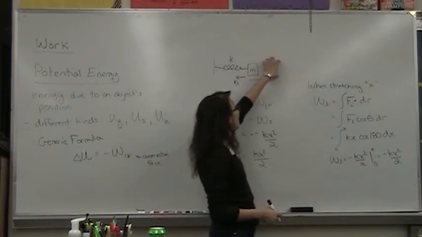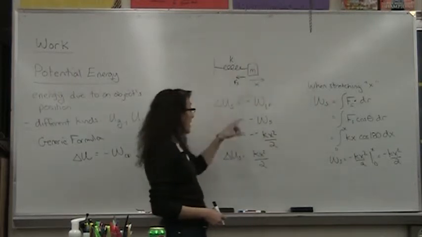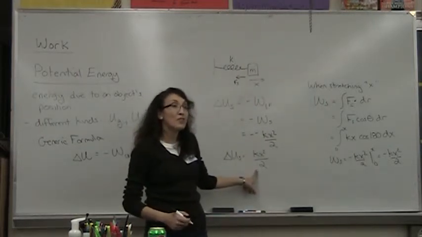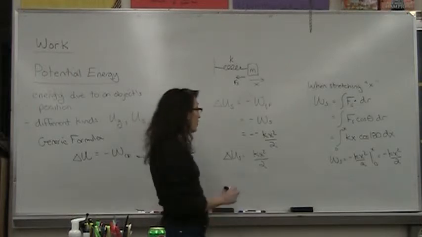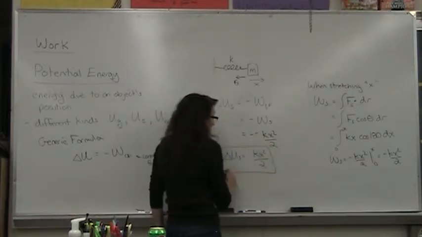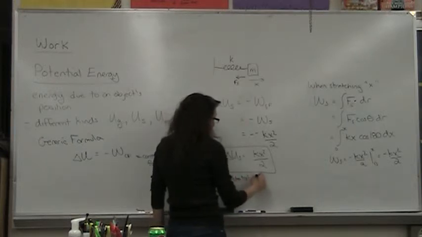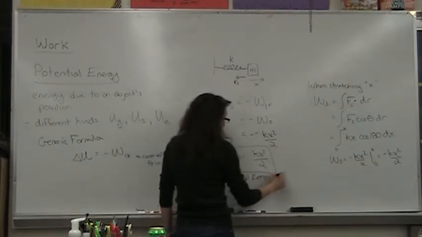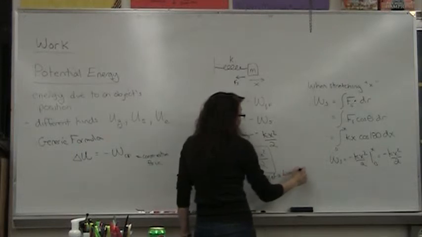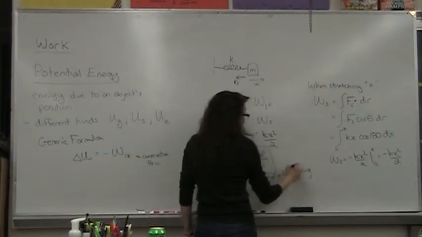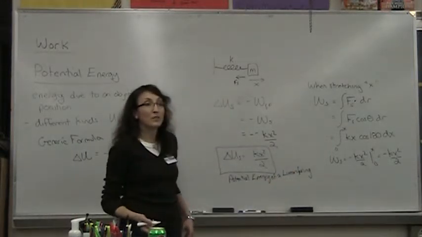Because if I let this go, the spring now has the ability to do that much work. So this is the equation for the potential energy of a linear spring. What if the spring weren't linear?